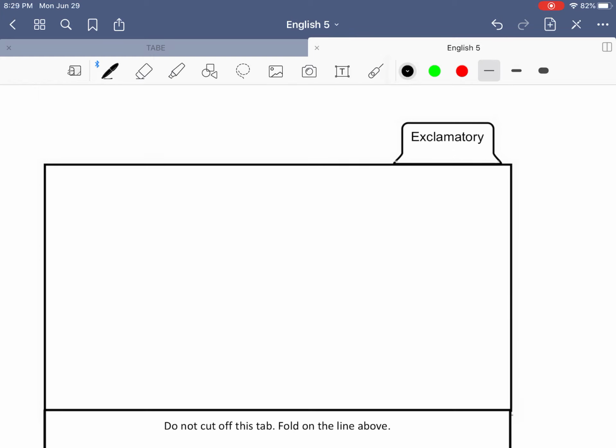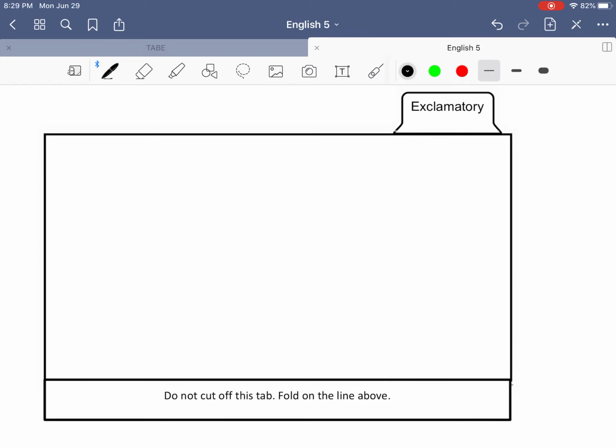And an exclamatory sentence is sometimes called an exclamation. And it's an exclamation of strong feeling. Now this can be anger, it can be excitement, it can be fear, happiness, sadness, any strong feeling, anything that is stronger than the average everyday feeling.